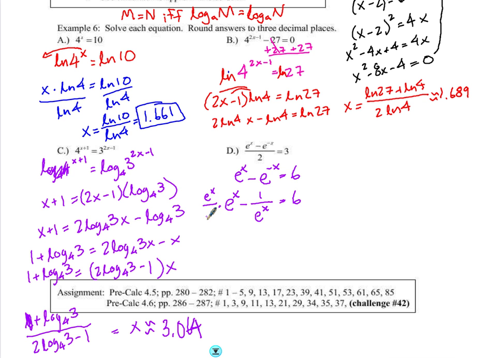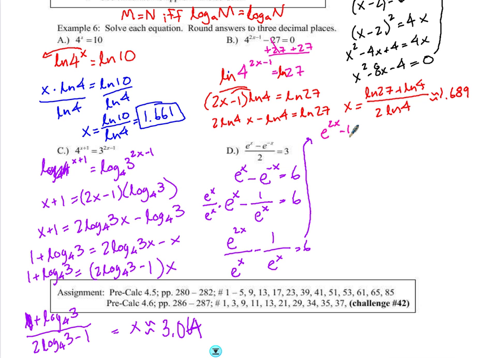So just to kind of get more space, let's go up here. And then once I combine those to get one fraction, I get e to the 2x minus 1 all over e to the x is equal to 6. Multiply both sides by e to the x to get rid of my fraction. So that gives me e to the 2x minus 1 is equal to 6 e to the x.